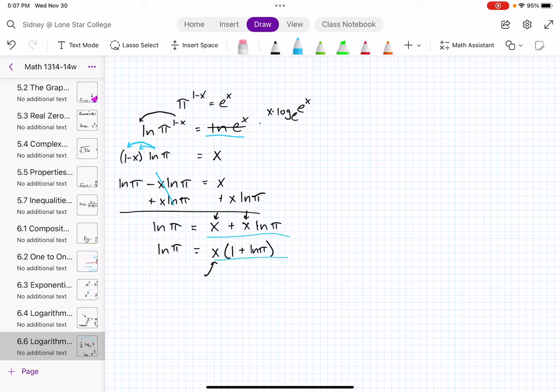If I divide both sides by this parentheses, 1 plus the natural log of pi, I have exactly what I want, which is x equals. This simplifies out, and I have on the right-hand side just that plain x. The left-hand side, I have this giant pile of ugly number, divided by 1 plus that ugly number.